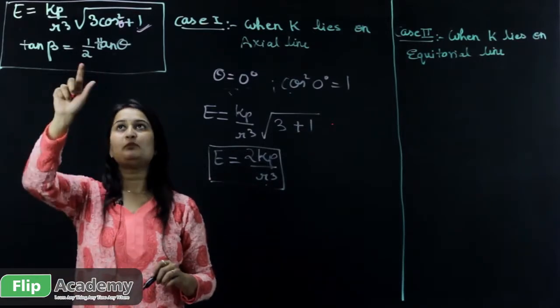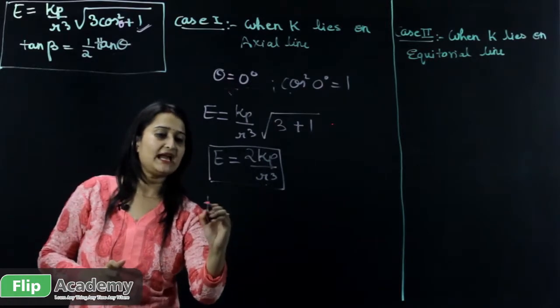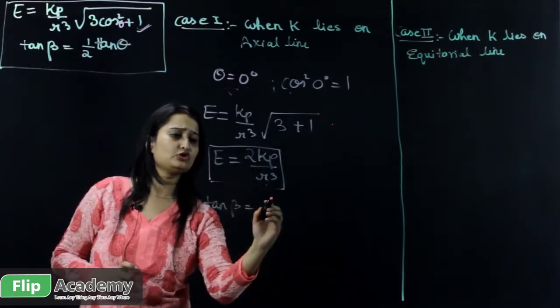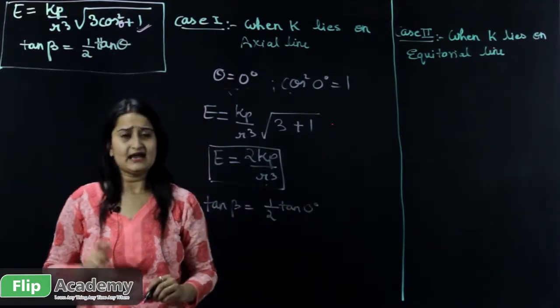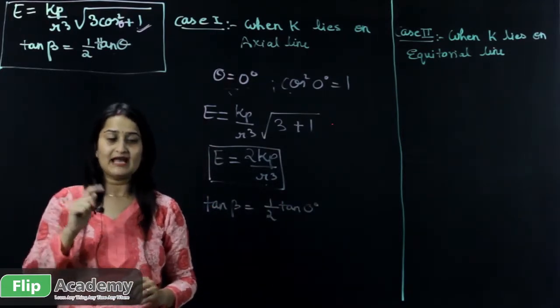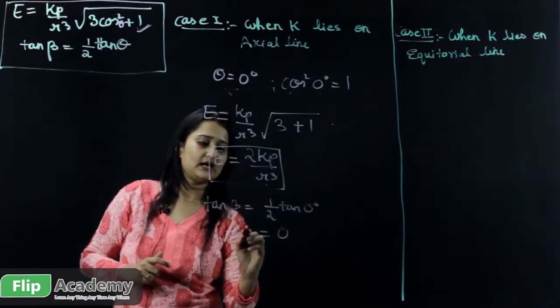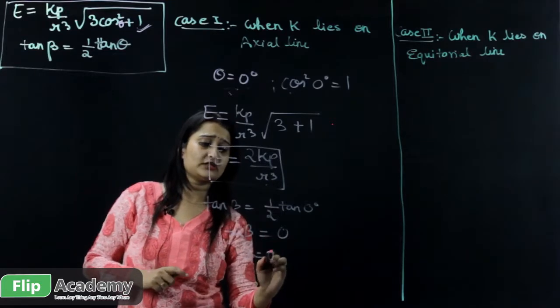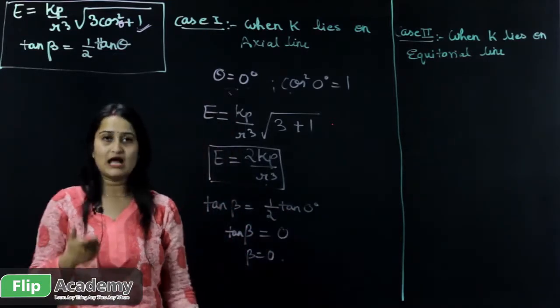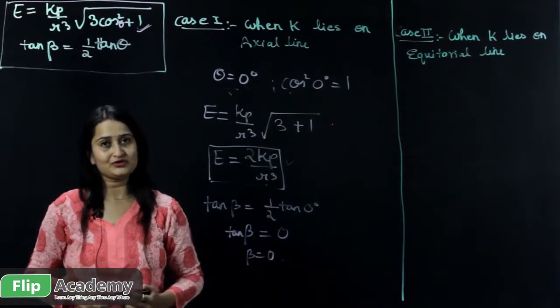Similarly, if you put this value, that is θ = 0, in this particular equation, tan β equals 1 by 2 tan of 0 degree. What is tan of 0 degree? Tan of 0 degree is 0. So tan β equals 0, and β equals tan inverse 0, so it is also 0. So these are the answers, that is E equals this and β equals this.